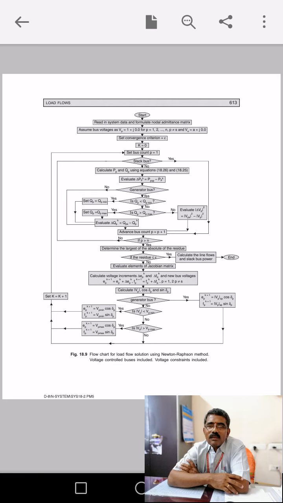But the problem here is, you can see, evaluating the Jacobian matrix. That means in each and every iteration, these Jacobian values, which are partial derivatives of the function, are to be evaluated or updated, which is a very hard process, because we will be having all complex terms, and updating these values in each iteration and substituting takes more time, particularly when the buses are 4 or 5, you will be getting a 4 by 4 matrix or 5 by 5 matrix.